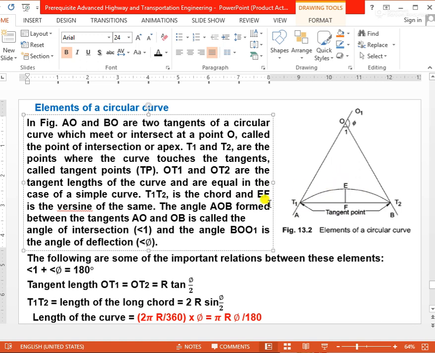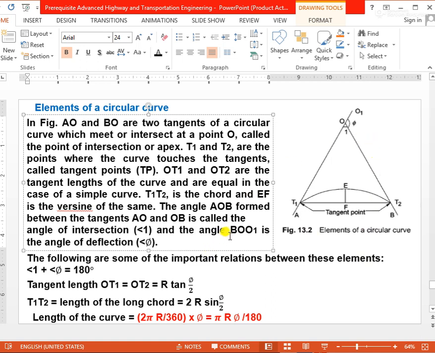The angle AOB, formed between the tangents AO and OB, is called the angle of intersection. The angle of intersection should be less than 180 degrees.